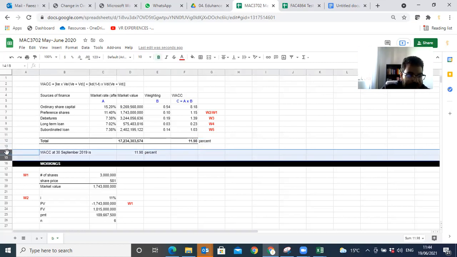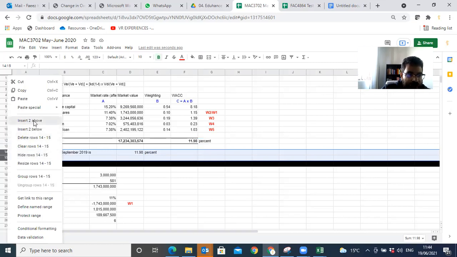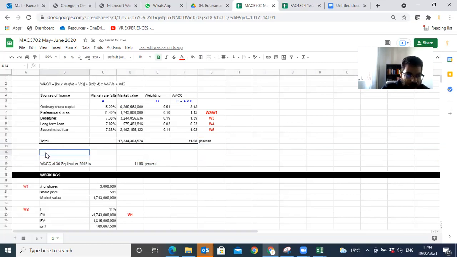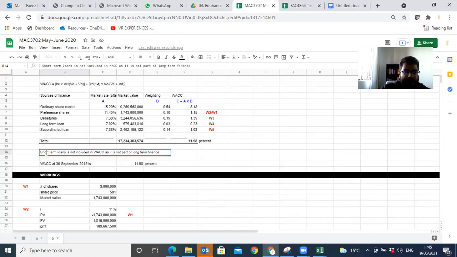Just one more thing. Just tell them short-term loans is not included in WACC as it is not part of long-term finance. Why are you telling this?